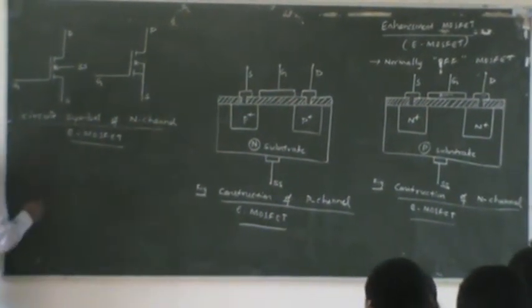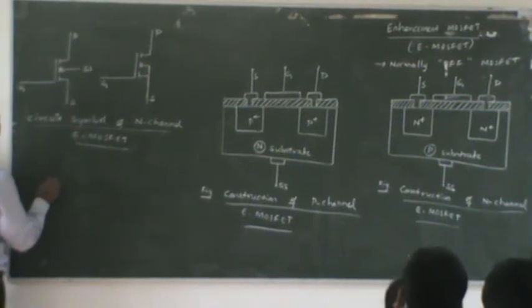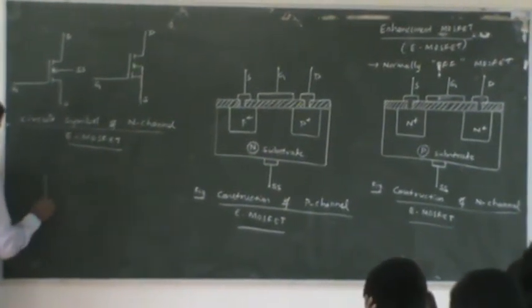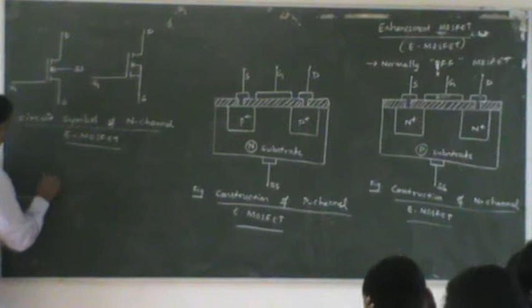Similarly, we can also draw the circuit symbol for P-channel E MOSFET, where the arrow will be outward.